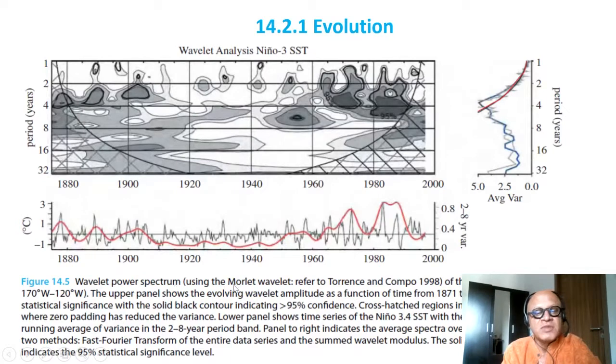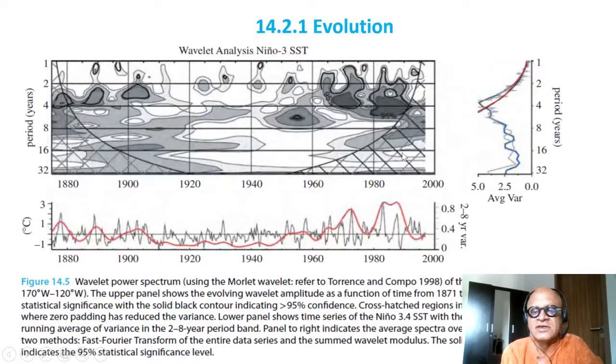So the wavelet power spectrum using the Morlet wavelet of the Niño 3.4 SST is shown here. This shows evolving wavelet amplitude as a function of time from 1871 to 1996, which ends here. Shaded contours indicate statistical significance, with solid black contours indicating greater than 95% confidence.